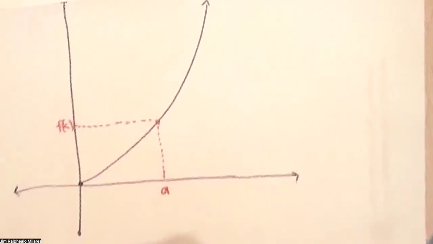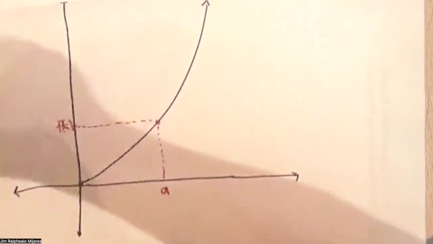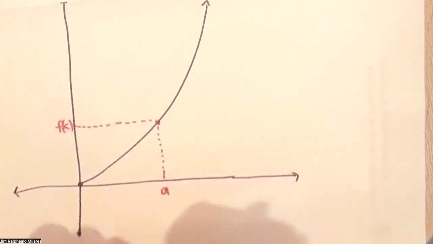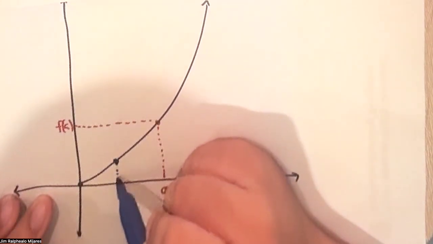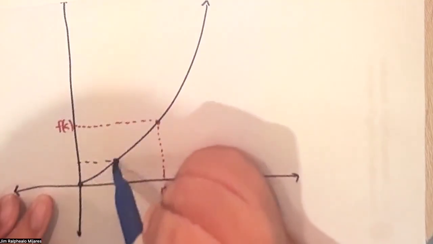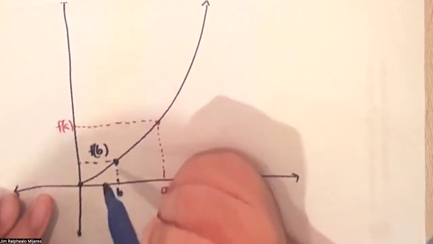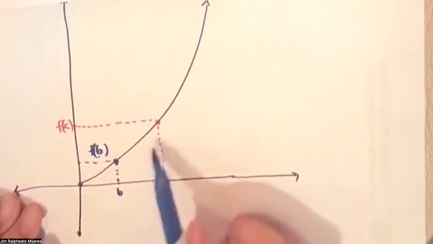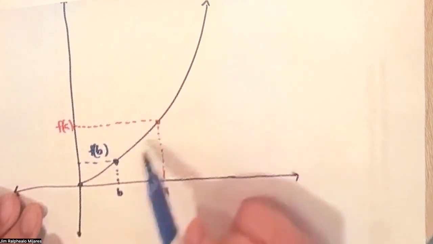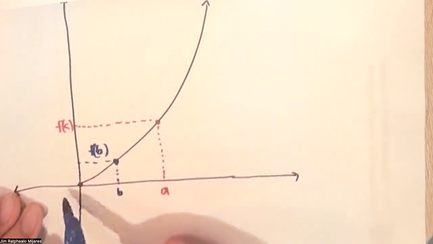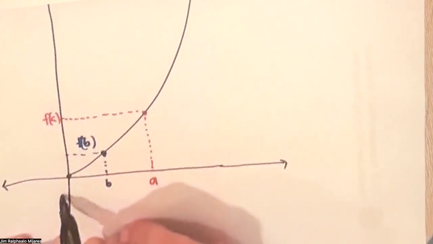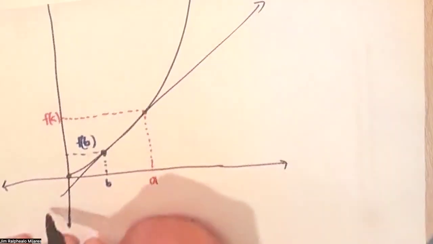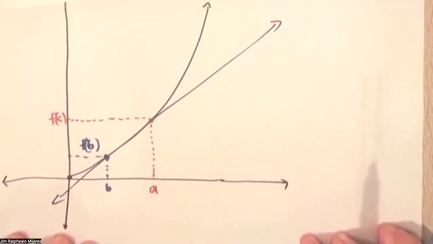we're going to take, from this graph right here, a second point, right? So let's call this b, f of b. Then we connect these two points right here and create a line, right?